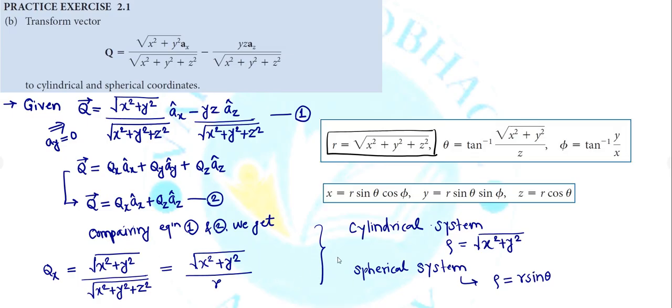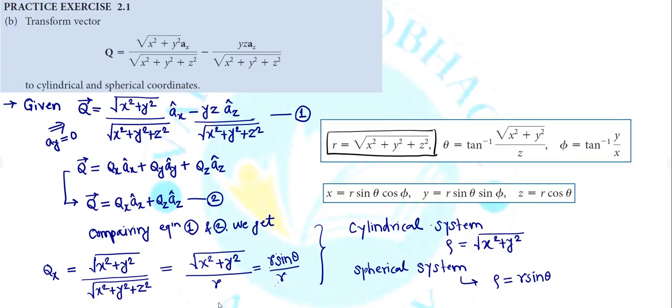So what is that rho? Rho is nothing but square root of x square plus y square, and that is equal to r sine of theta. So you can say that square root of x square plus y square is r sine of theta, divided by this r, and this r and this r will get cancelled out.